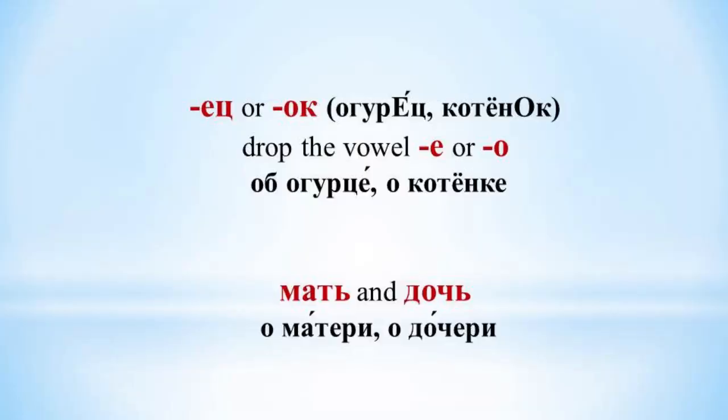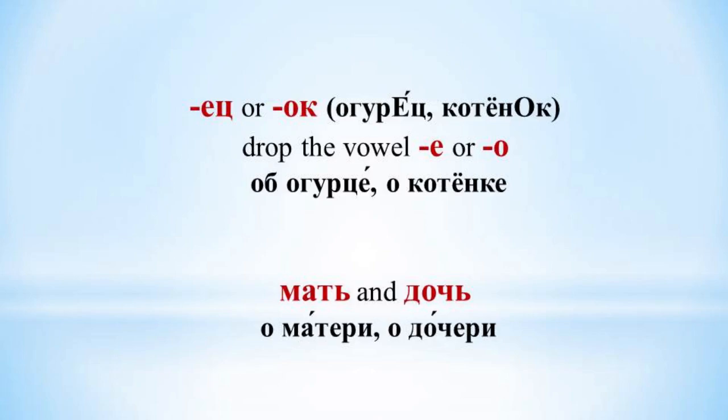Okay, and now I would also like to tell you about some rules and exceptions that will help you avoid mistakes in the prepositional case. There are masculine nouns that end with "ец" or "ок". You can see the examples in brackets: огурец, котенок. When we change these words into the prepositional case, we have to drop the vowels "е" or "ё".